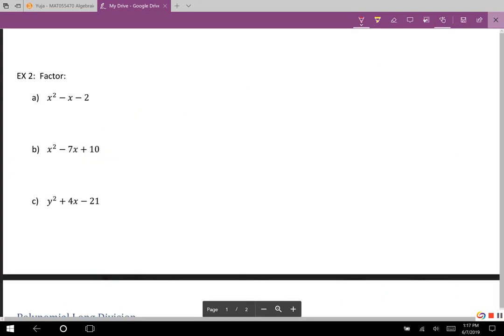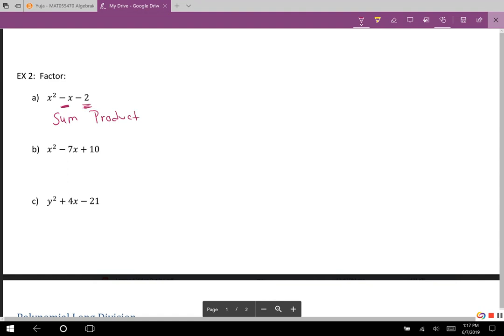Now factoring is the opposite of multiplying. It's breaking things down in the opposite direction. And so if you think back to that pattern from example 1, we saw that the middle term came from the sum of those two numbers, and the last term came from the product, or when you multiply the two numbers in the parentheses.